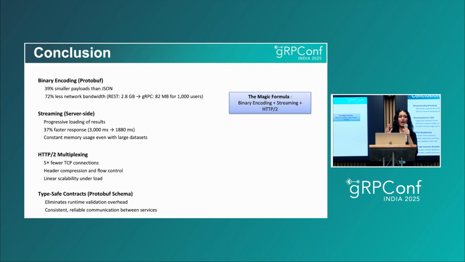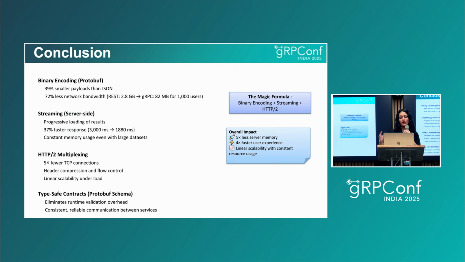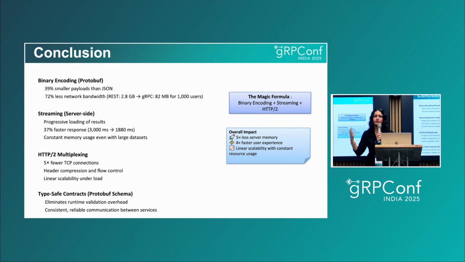So we can happily say that binary encoding plus streaming plus HTTP/2 is the magic formula that helped us make our architecture even more efficient, with the overall impact of 5 times less server memory, 4 times faster user experience, because now the user can get access to the data even faster since the architecture has reduced the latency, and linear scalability with constant resource usage.